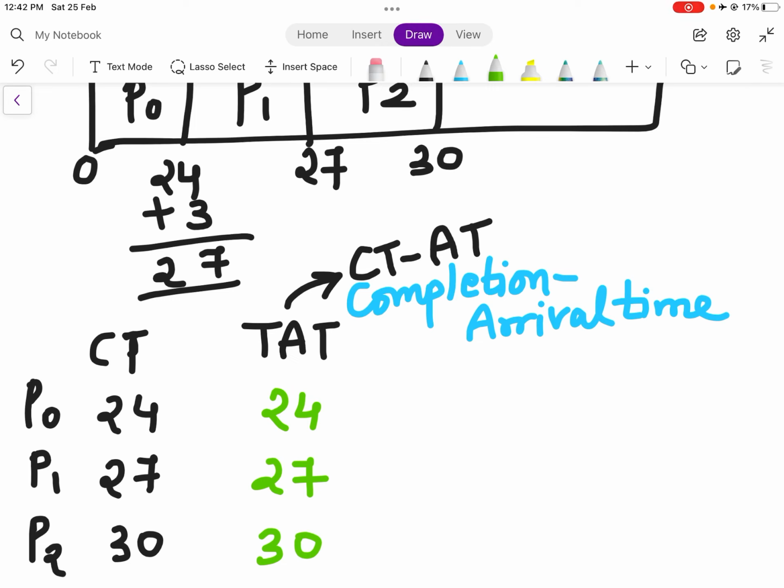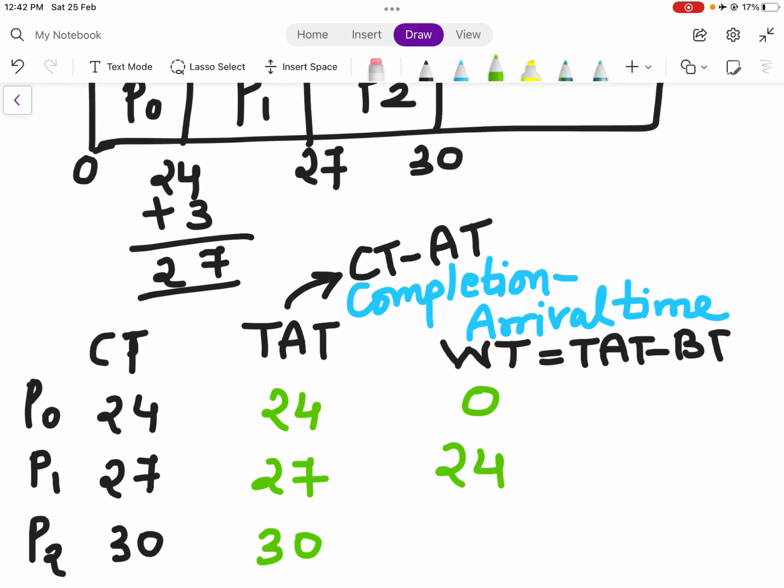And then you have waiting time. Waiting time is nothing but turnaround time minus the burst time. Turnaround time is 24. 24 minus 24 is nothing but 0. 27 minus 3 is 24, and 30 minus 3 is 27.